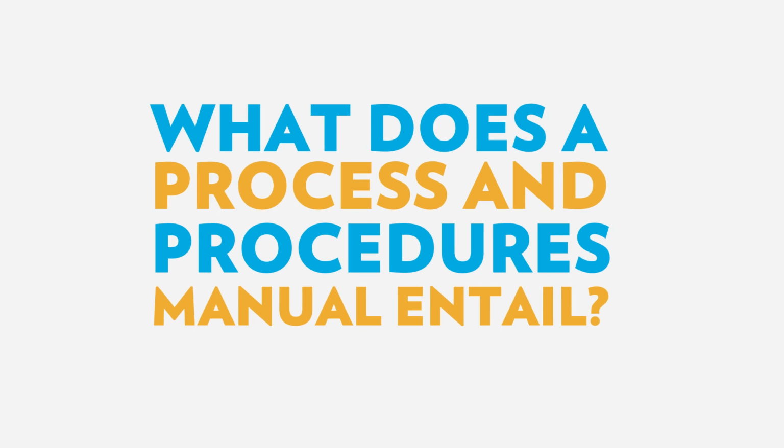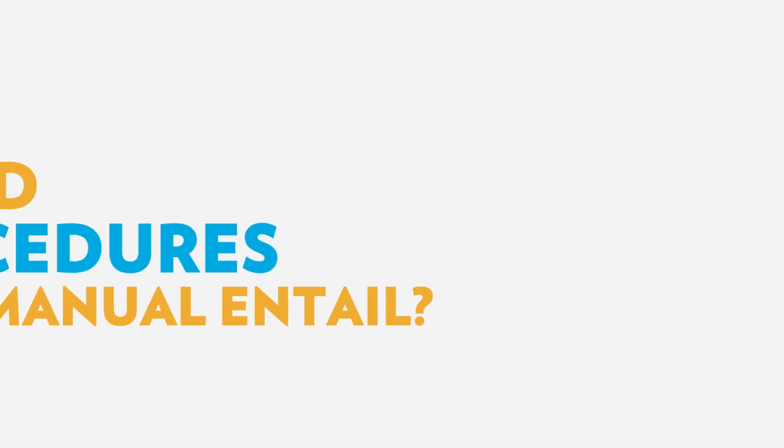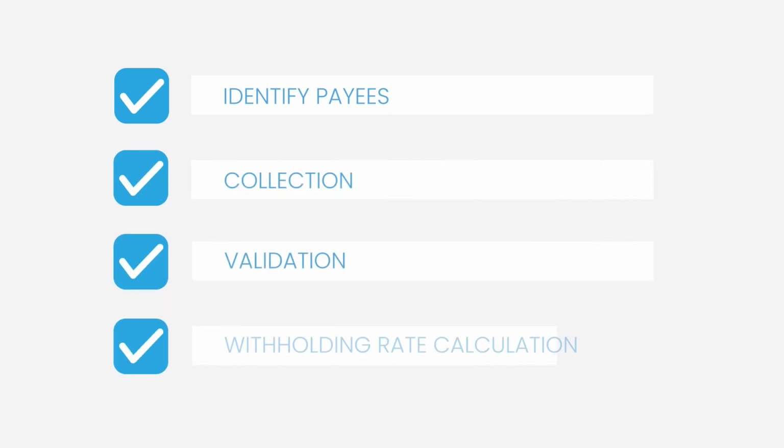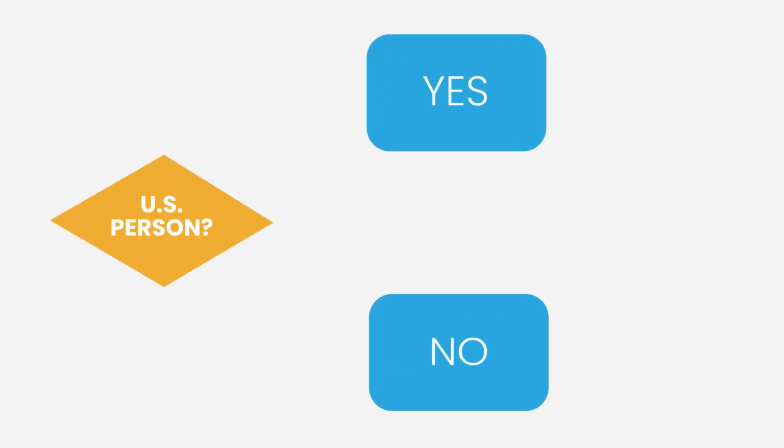So, what does a process and procedures manual entail? At a very basic level, a process and procedures manual outlines the steps to be taken, including people and systems needed to complete a task, using process maps and flows to document compliance with information reporting and withholding requirements.